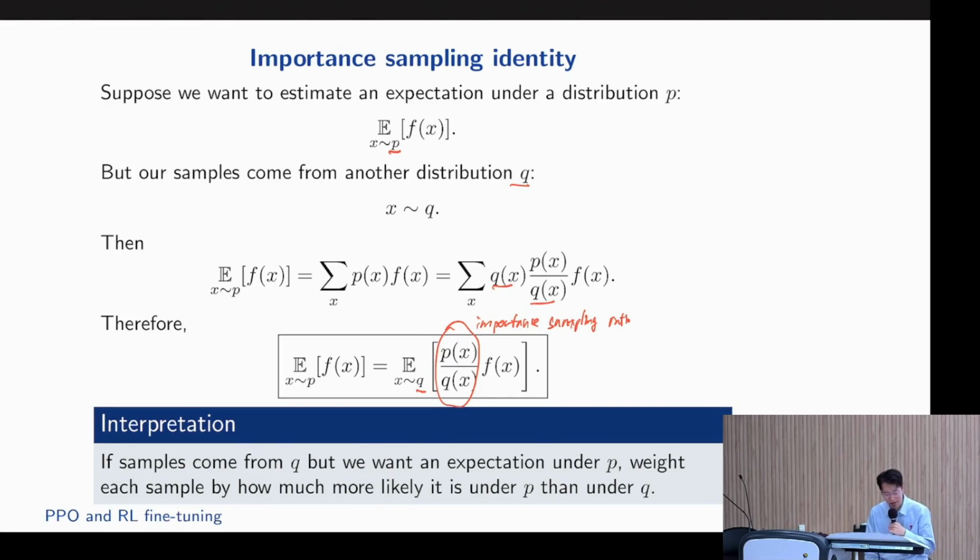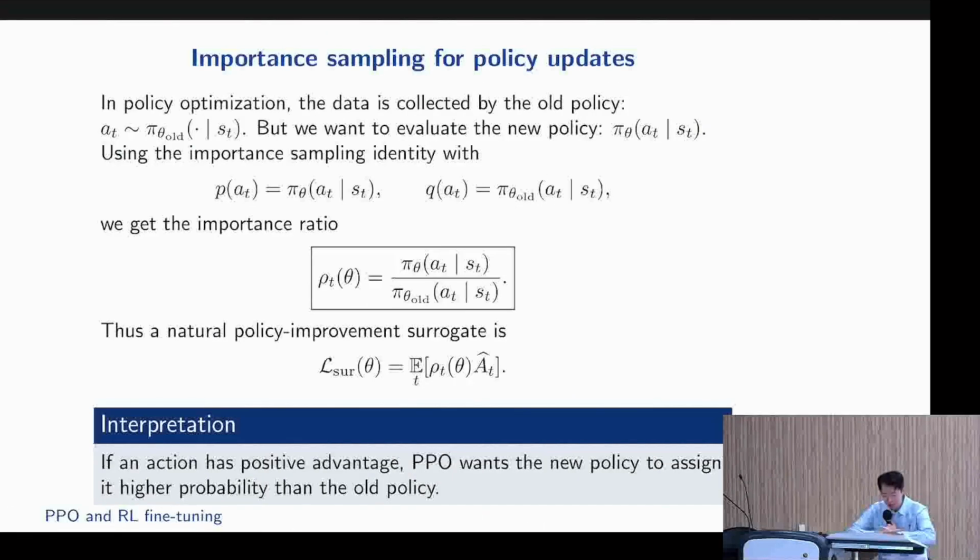So the interpretation is, if samples come from Q, we want an expectation under P. The correction factor is that we weight each sample by how much more likely it is under P than under Q. What we're doing, basically, is that data is collected by the old policy, pi theta old, but we want to evaluate the new policy, pi theta. So in the importance sampling identity from the previous slide, P, which we would like to sample from but cannot, is pi theta.